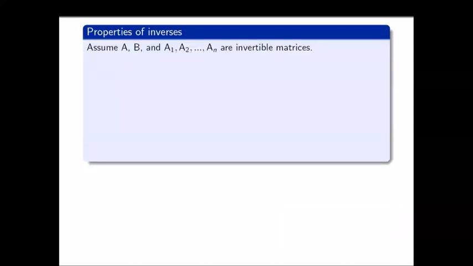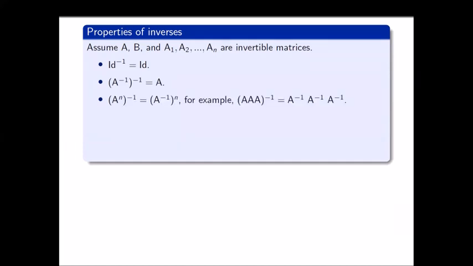Okay, so let's go through some basic properties of inverses. Assume that A, B, and A1 through AN are invertible matrices. Then the inverse of identity will always be identity. The inverse of the inverse of a matrix is the original matrix again.